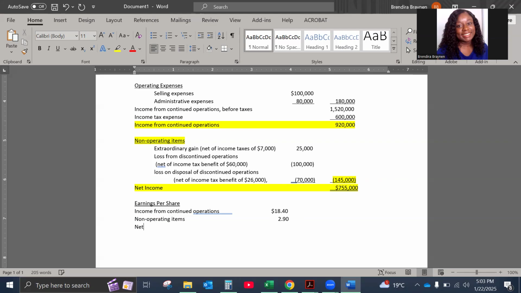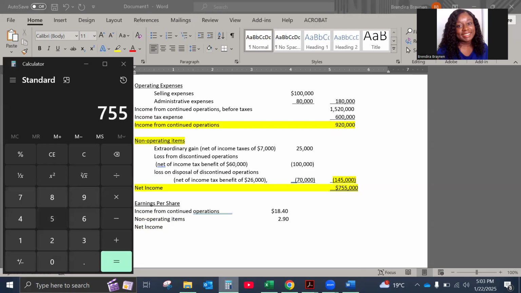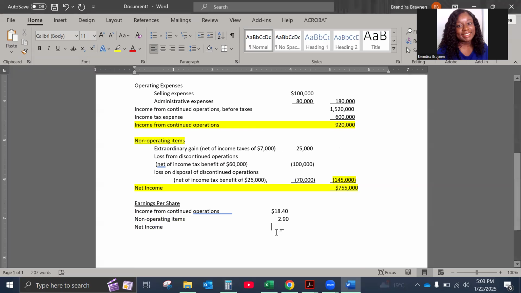And then finally, my final number, net income, and this is the main number because this is the number that they tend to care most about, your net income, 755,000 divided by 50,000, and I get $15.10. And so $15.10 represents my net income.